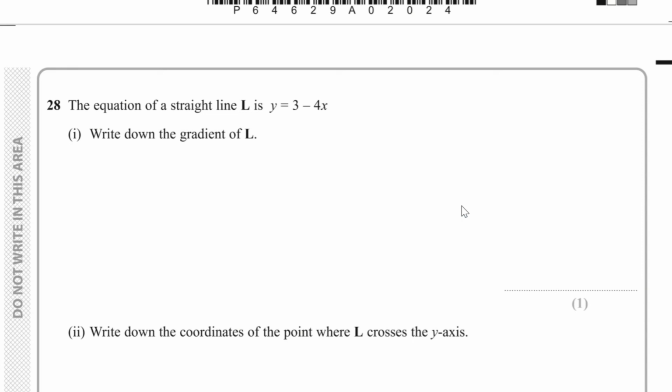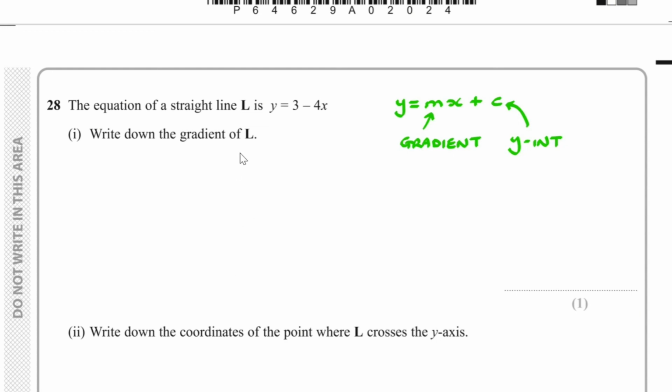Question 28. The equation of a straight line L is y equals 3 minus 4x. We have to write down the gradient of L. Well, for a straight line, we've got y equals mx plus c, which is the form of an equation of a straight line. m over here would represent the gradient, and c would represent the y-intercept.